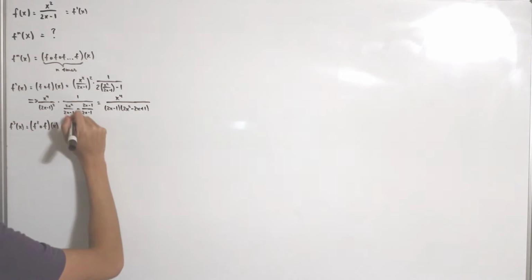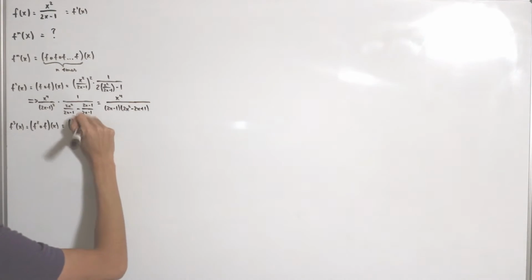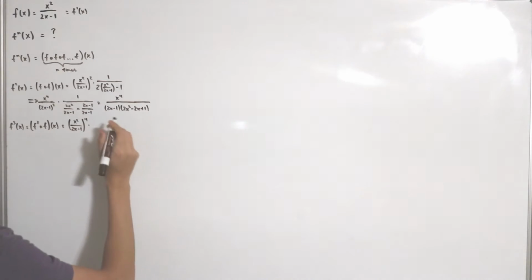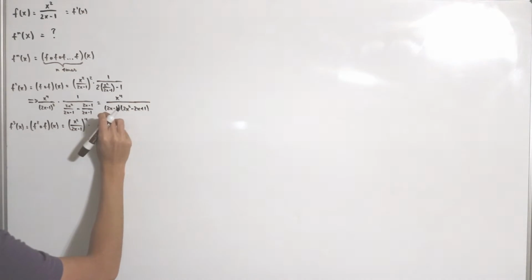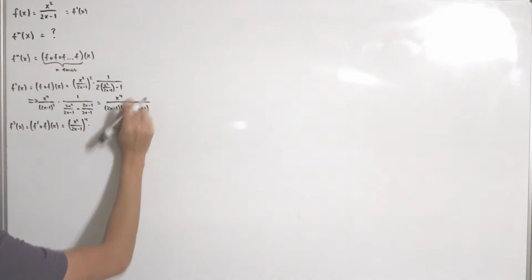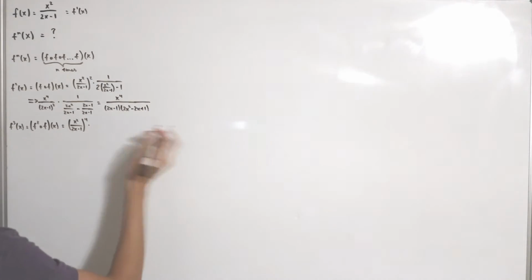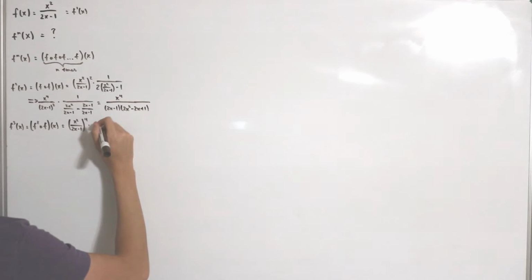Let's see, x squared divided by 2x minus 1 to the fourth, multiplied by, I can also write this with products too, so it's 1 divided by this product, and then multiplied by 1 divided by the polynomial in particular.